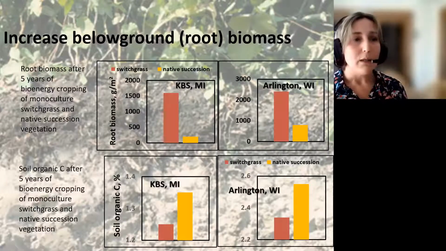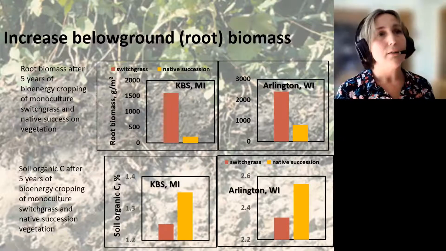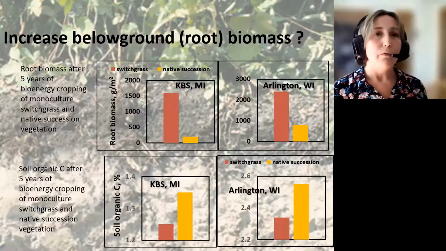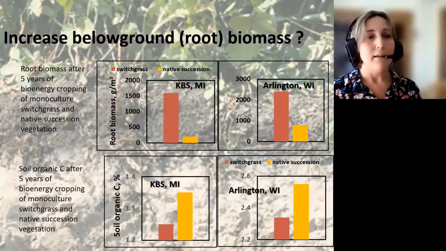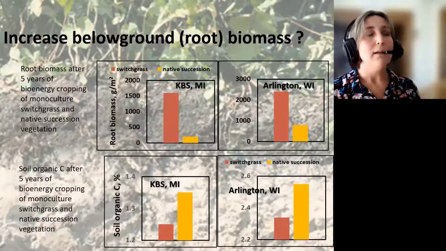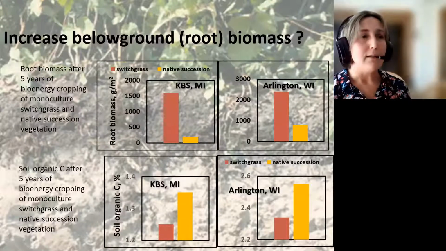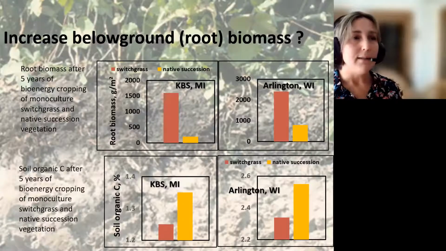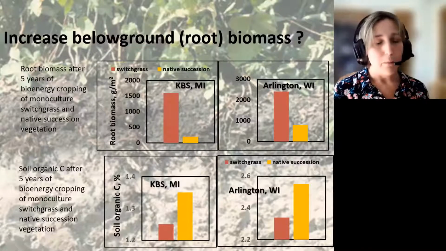So the bottom line is that just the sheer biomass of the roots that are down there in the soil does not necessarily mean a quick increase in soil organic matter storage.